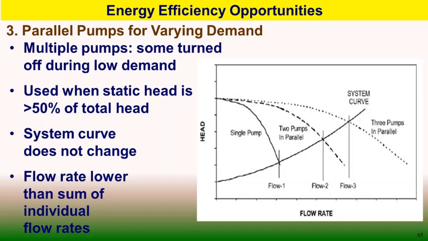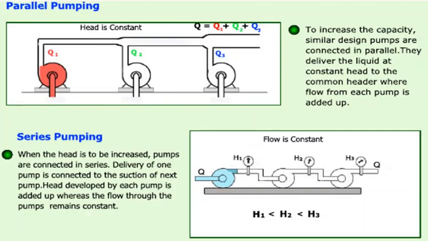When head requirement is more and the available NPSH is in very close proximity to required NPSH, then we use series pumping arrangement. Just like we have a booster pump before the boiler feed pump, or some places we have pumps in series, so that we can build up the head without changing the flow capacity.